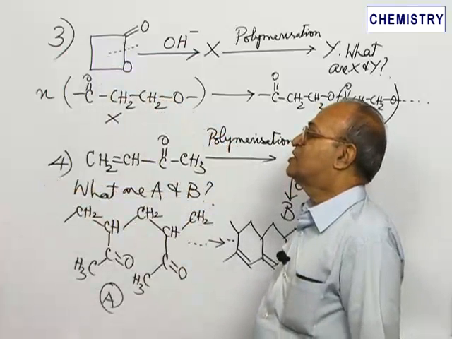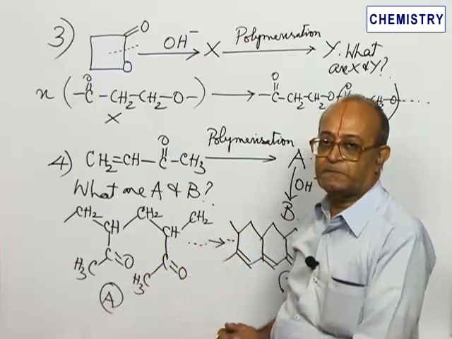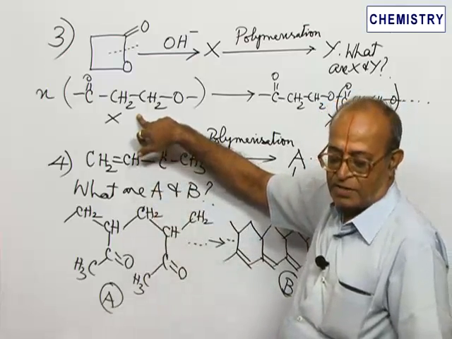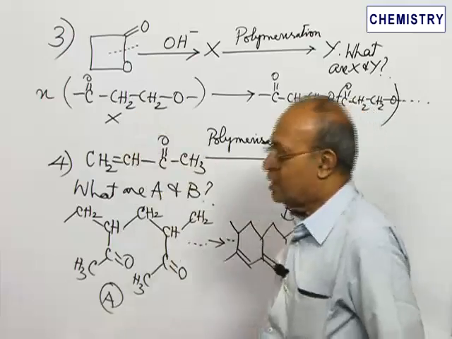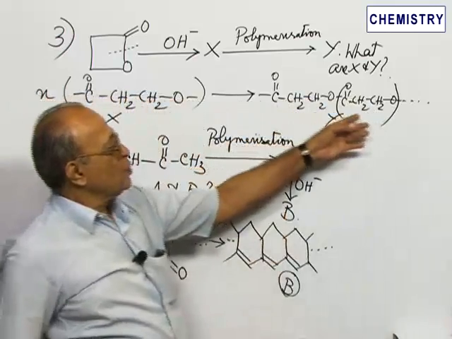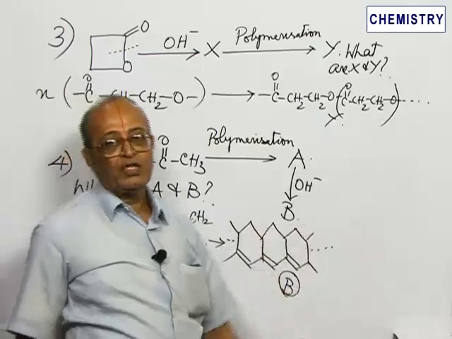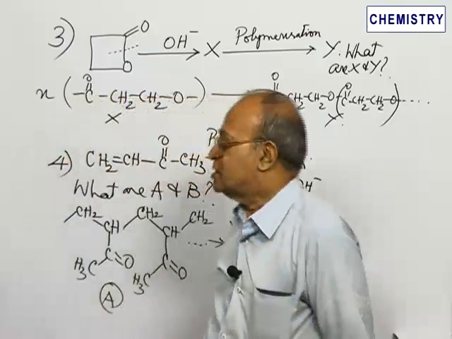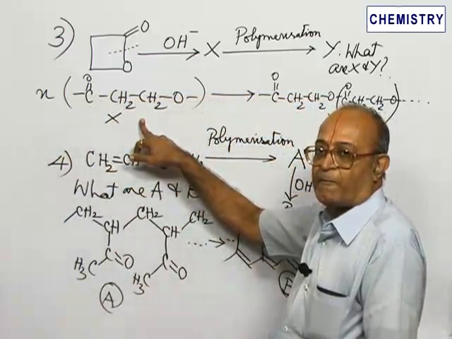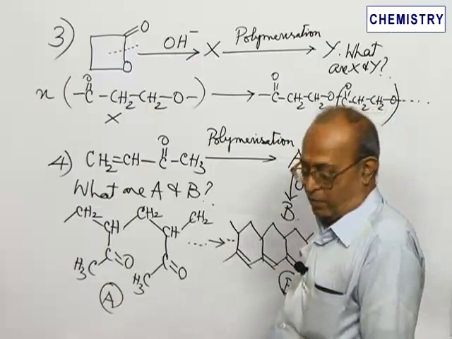In the formation of this, there is no elimination. Similarly, X acts as the monomer, and it undergoes polymerization reaction, leading to the production of this polymer Y. So, X is this particular linear species which undergoes polymerization to give Y.